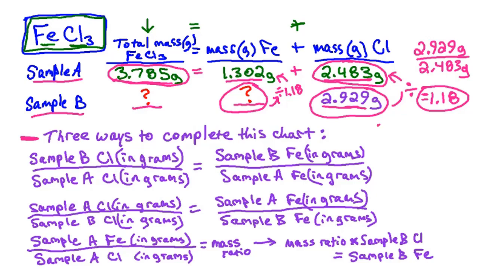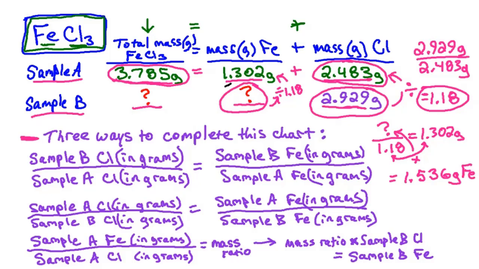So if you have question mark divided by 1.18 equals 1.302 grams, then all you have to do is multiply 1.18 and 1.302 by each other, and you're going to get what your question mark is. So 1.18 times 1.302 equals 1.536 grams of iron.